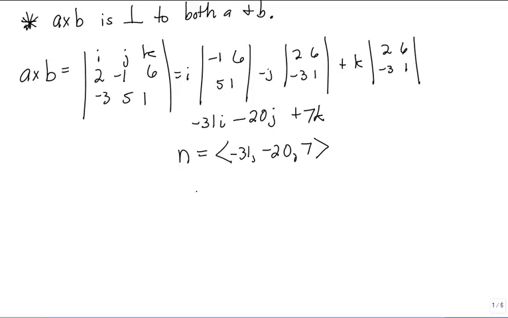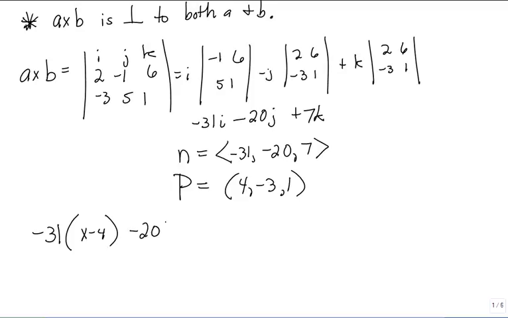And we'll take P for our point, and our plane equation is going to be minus 31 times x minus 4, minus 20 times y plus 3, plus 7 times z minus 1 equals 0.